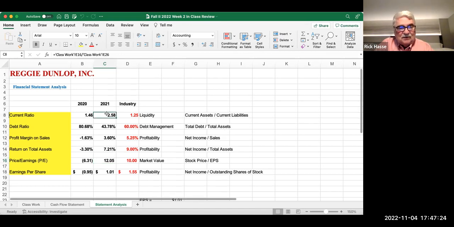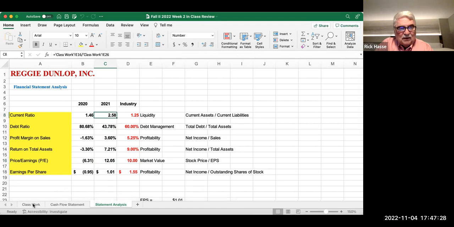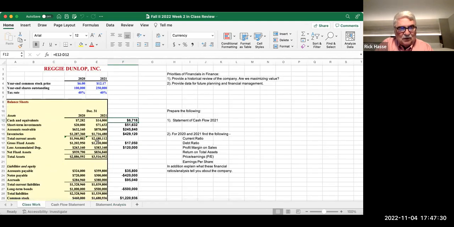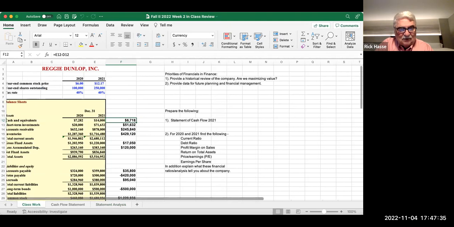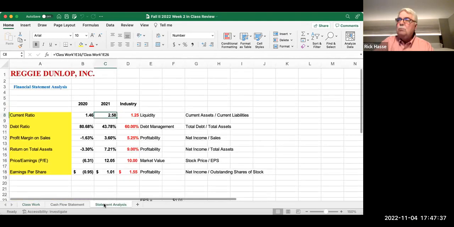If you take current assets and current liabilities in 2021, let's go to the balance sheet. Current assets are $2,680,000. Current liabilities are $1,039,000. If you divide those, you get 2.58. That is very high. Notice the industry average is 1.25.